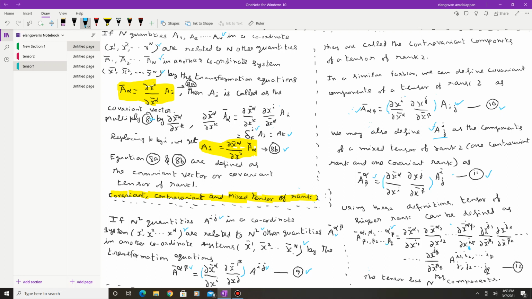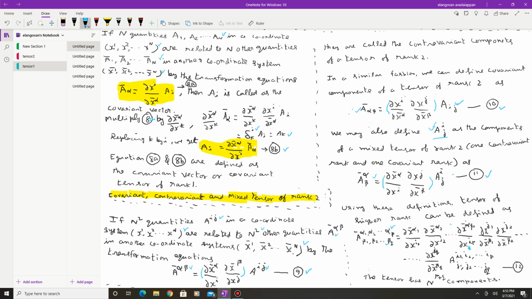The total number of indices is p plus q, so the rank is p plus q. This is a mixed tensor, defined by partial x alpha 1 bar divided by partial x i1, partial x alpha 2 bar divided by partial x i2, and so on up to partial x alpha p bar divided by partial x ip.